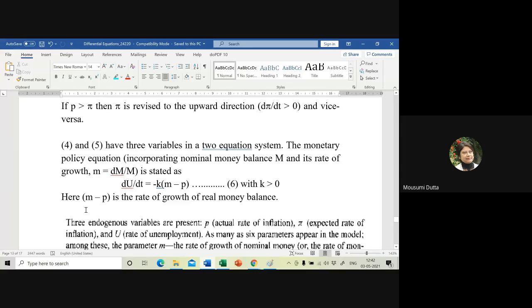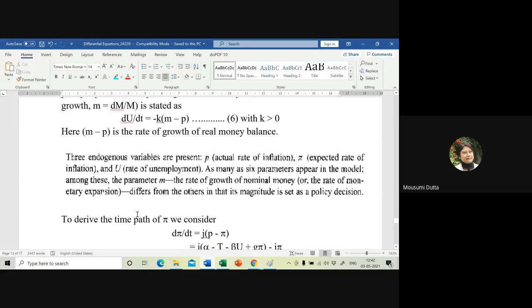So I hope you can remember all these things, or at least some part you have in your mind, that we discussed the same idea, same concept, same terms and terminologies in context of discrete equation. So here we have 3 endogenous variables: p, actual rate of inflation; pi, expected rate of inflation; and U, rate of unemployment.